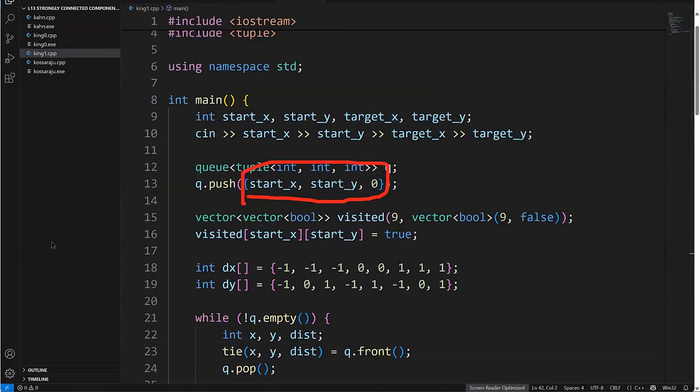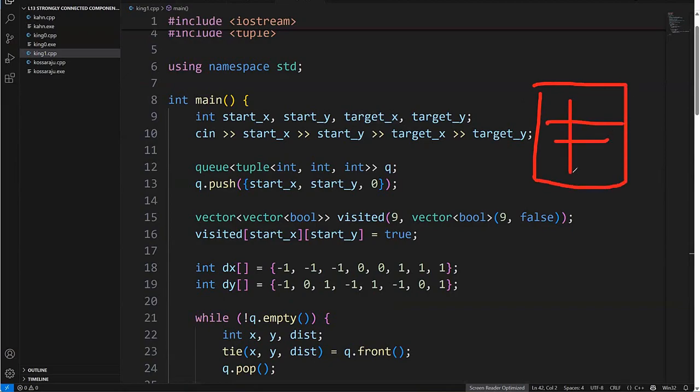You have a boolean visited array, so you save which nodes you have already visited. It's the same size as your chessboard.